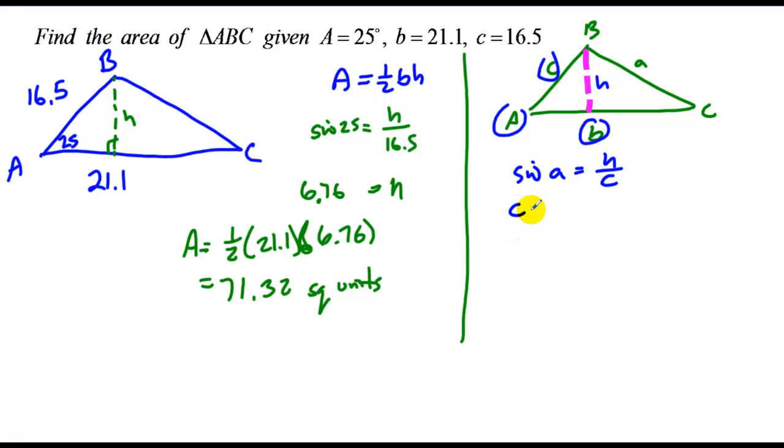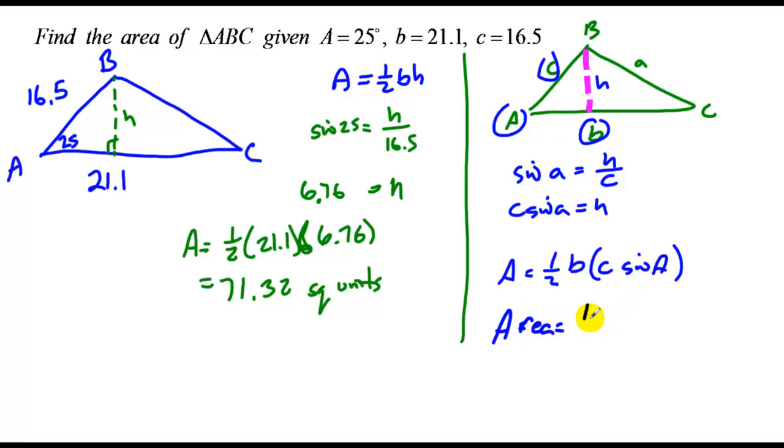So C sine A equals H, and then the area equals 1/2 the base, which is B in this case, times the height, which is equivalent to C sine A. So really the area equals, let's write area because I have this other A right here, equals 1/2 BC sine A, or in other words 1/2 two sides multiplied together times the sine of the angle.